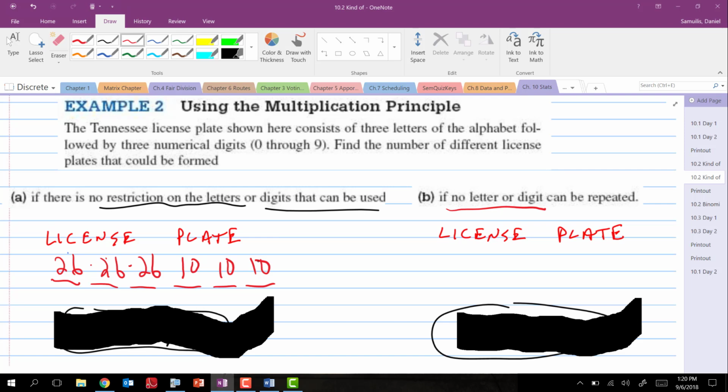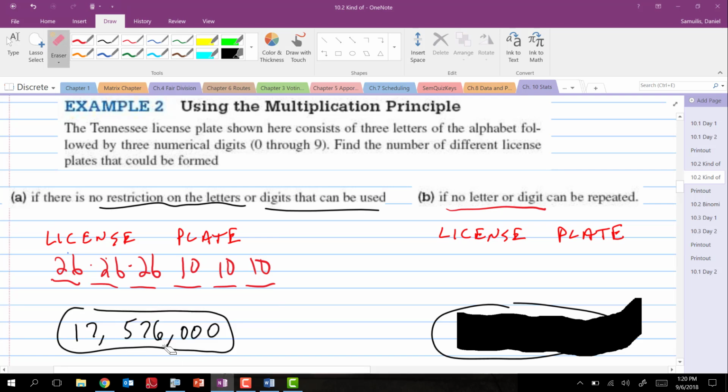Now, I don't know if this is true anymore. This book for CAT we got in 2009. I'm sure Tennessee has something a little different now. We have 7 possibilities on our license plates in Illinois. But even with this, Tennessee could create 17,576,000 different license plates. That may or may not be enough for Tennessee, though, so I'm sure there's something different.